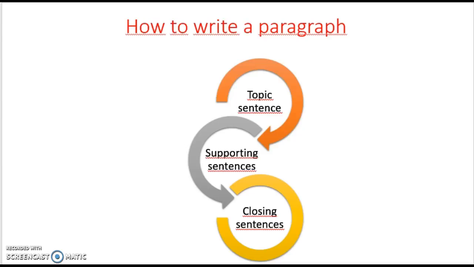The supporting sentences are the sentences that come directly after the topic sentence and form the body of the paragraph. They give details to develop and support the main idea of the paragraph. The closing sentence is the last sentence in the paragraph and it restates the main idea of your paragraph.